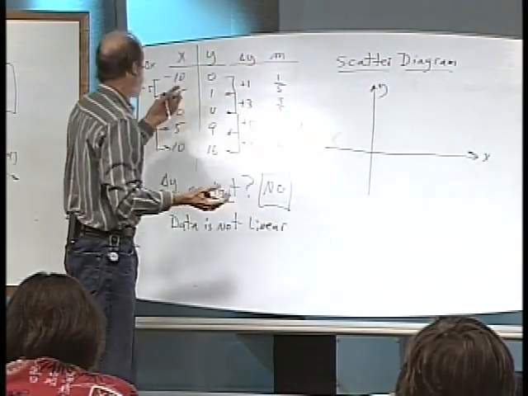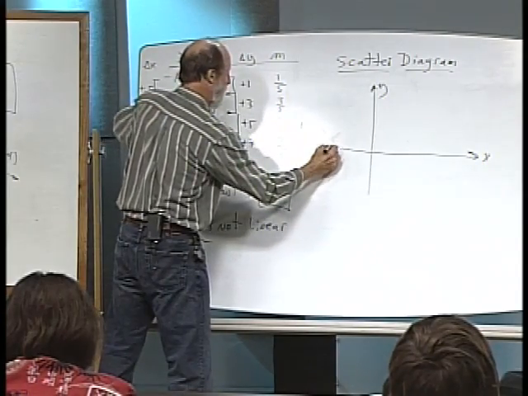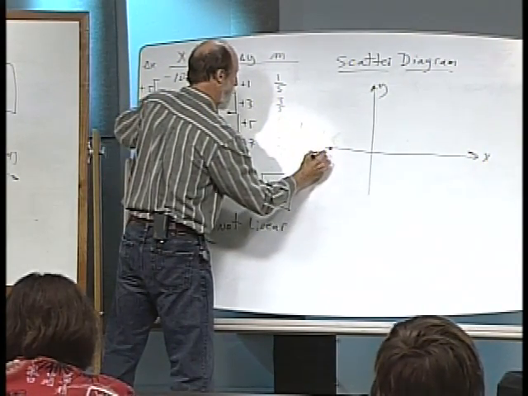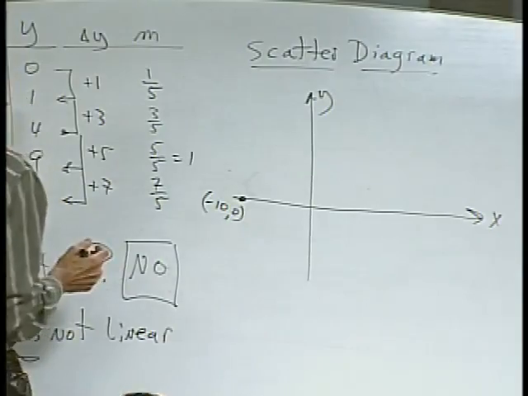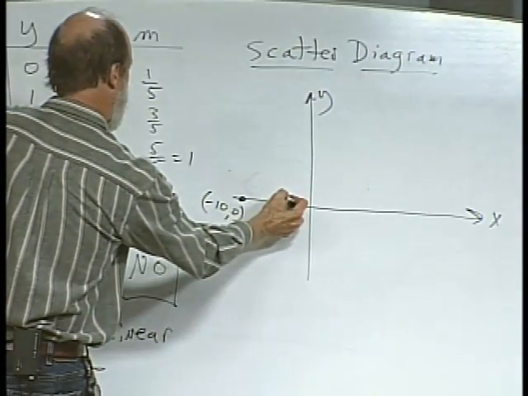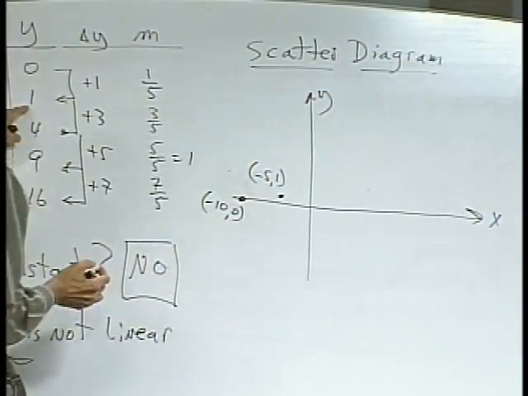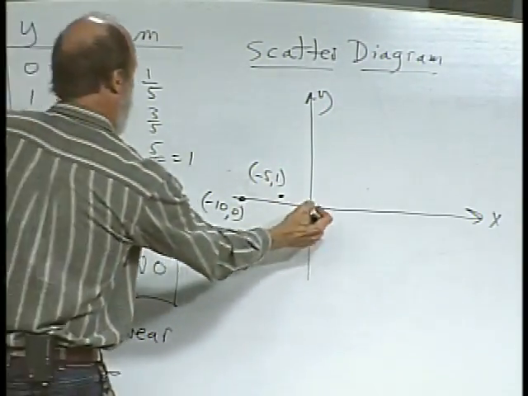And so I can plot these data points. At -10, I'm at 0. At -5, I'm at 1. At 0, I'm at 4.